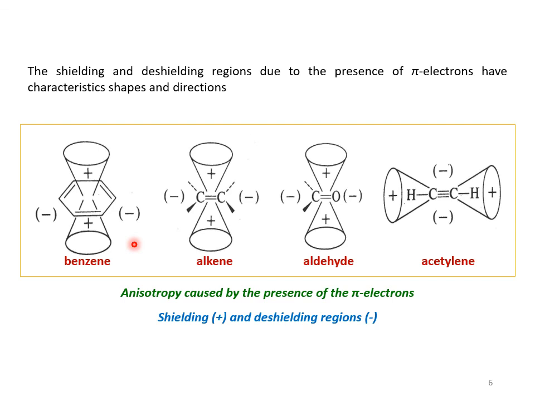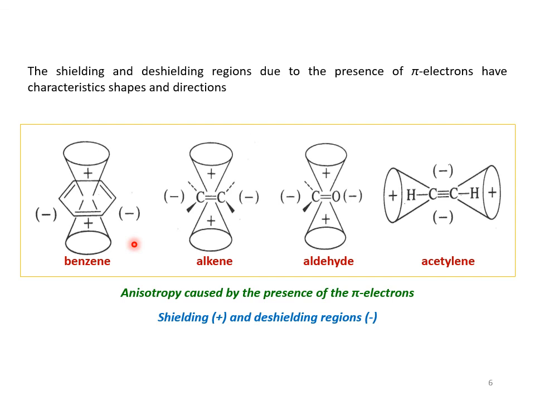So overall, a proton can experience three magnetic moments. One is from the external magnetic field B naught, the other is the shielding effect, which is generated by the circulation of valence electrons that oppose the external magnetic field, and the other is due to the pi electrons. The magnetic moment produced by the pi electrons shows an anisotropic effect, meaning in one direction it is aligned to the external magnetic field and in the other direction it is opposite to the external magnetic field.